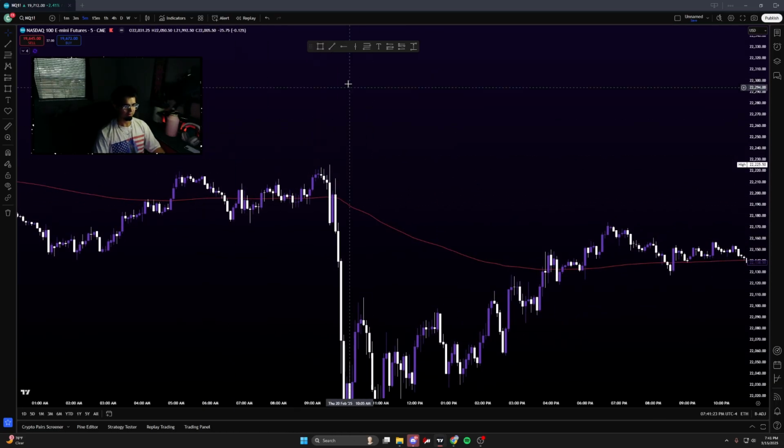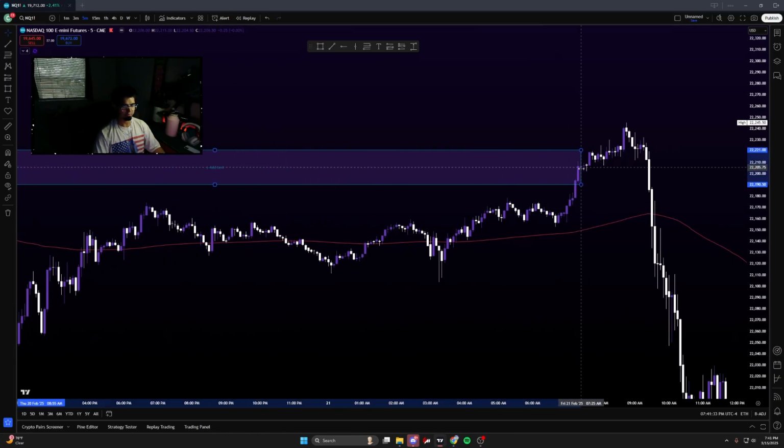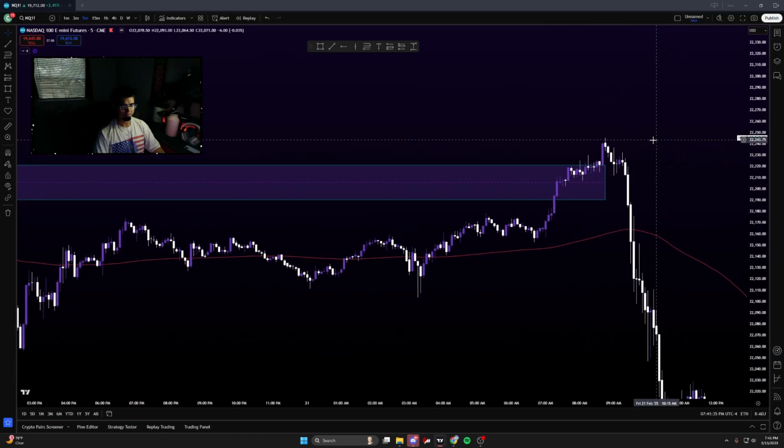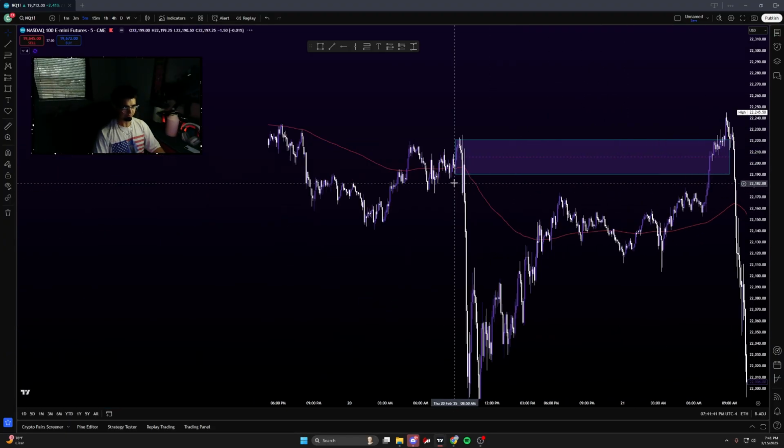So right here we have another bearish order block, even though we're looking at bullish candles. This would be our bearish order block right here, and we see it gets respected until it gets invalidated. But even once it gets invalidated, it makes a new bearish order block right here.